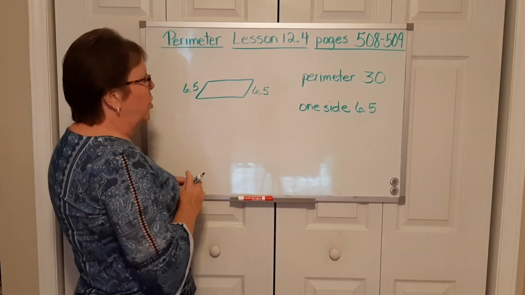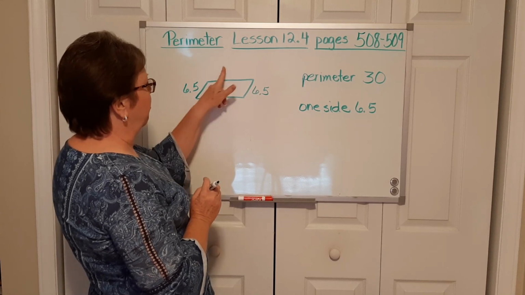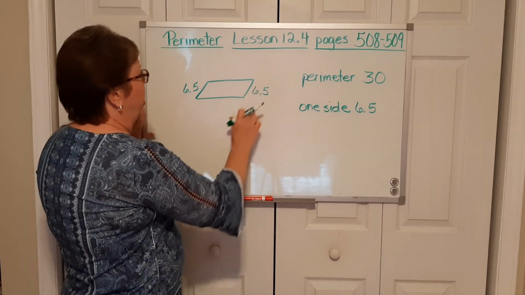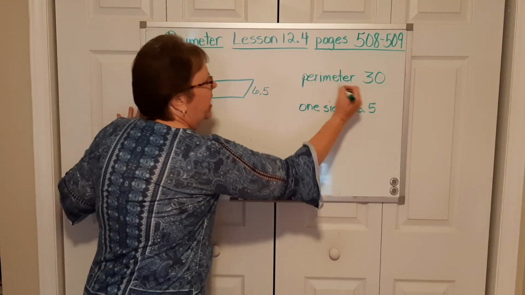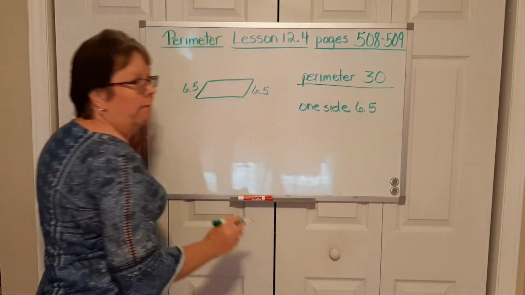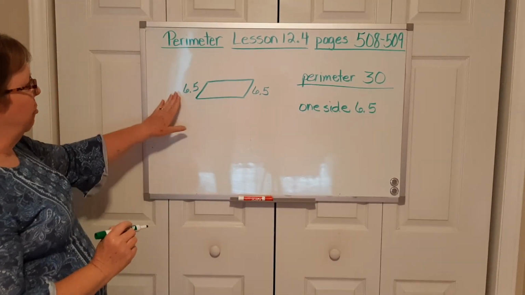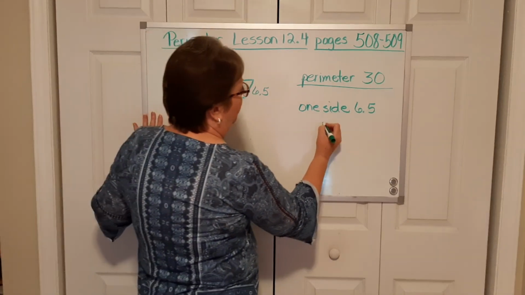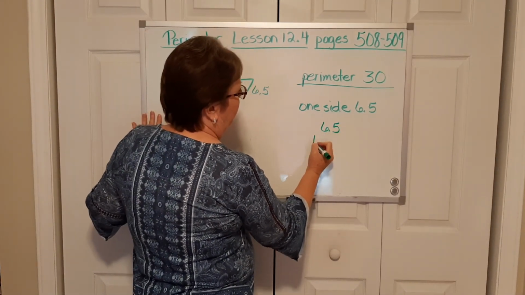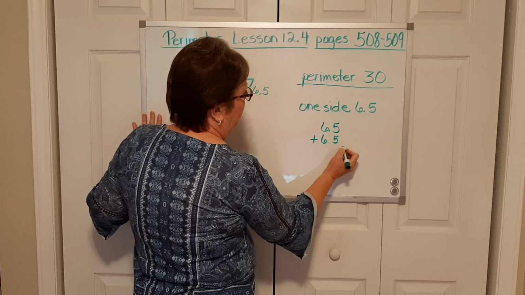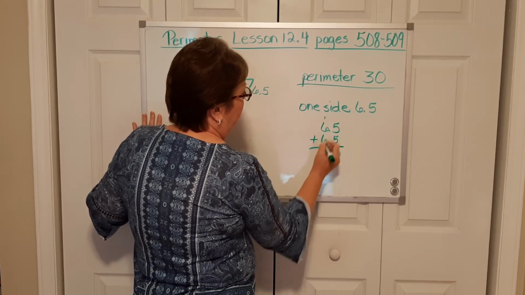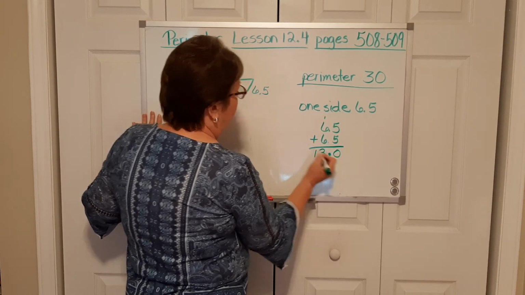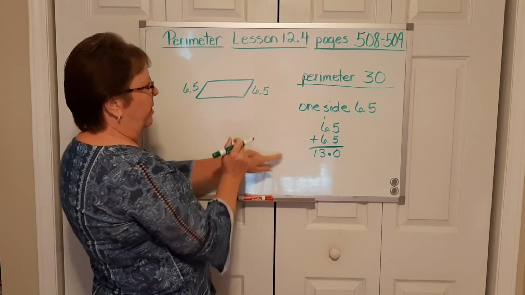You've got to find out what the other dimensions of these sides are, because when you add it up all the way around, it has to equal the perimeter of 30. So what we want to do first is add 6.5 plus 6.5. So 13. These two sides add up to be 13.